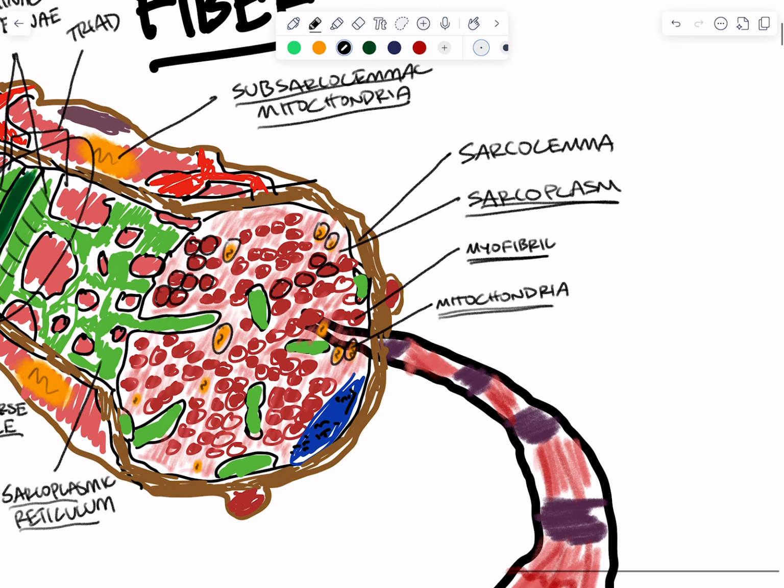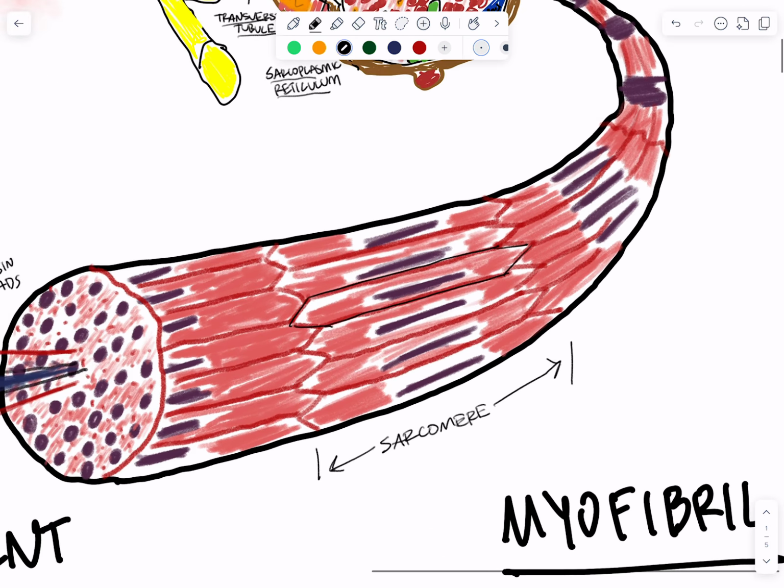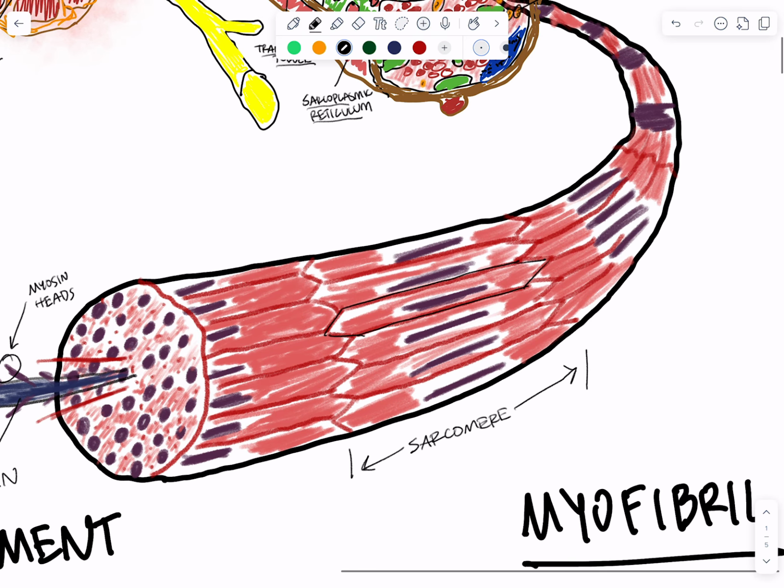And if we take out one of these myofibrils, we get our sarcomere units. As you can see, one sarcomere here, one sarcomere from here to here, and so forth. Sarcomere units.